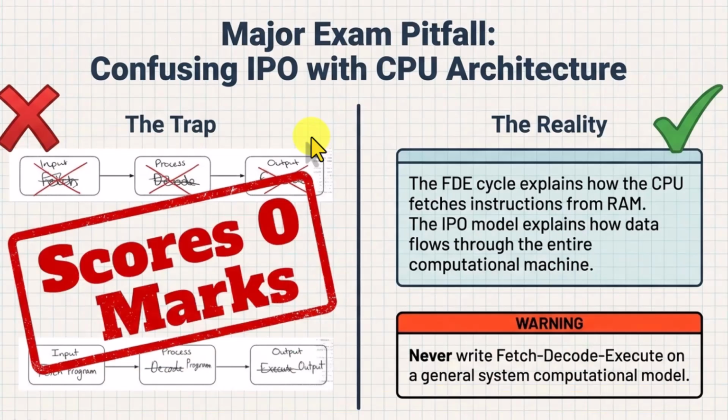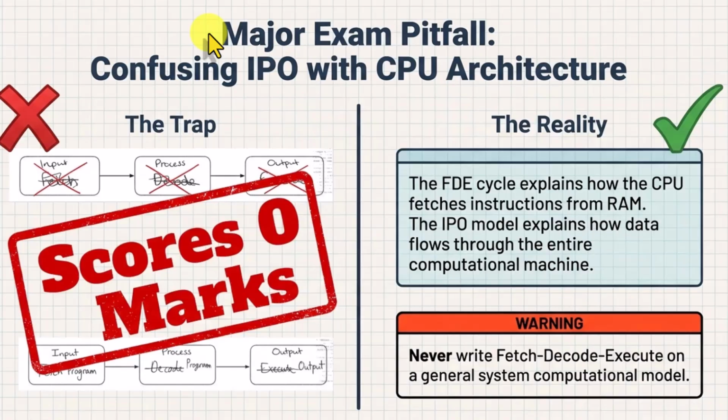Then let's discuss some exam pitfalls. You should be careful that you should never confuse IPO with CPU architecture. In CPU architecture we use FDE, which we will be discussing in the future, but overall, input process output is used for the overall computer system.